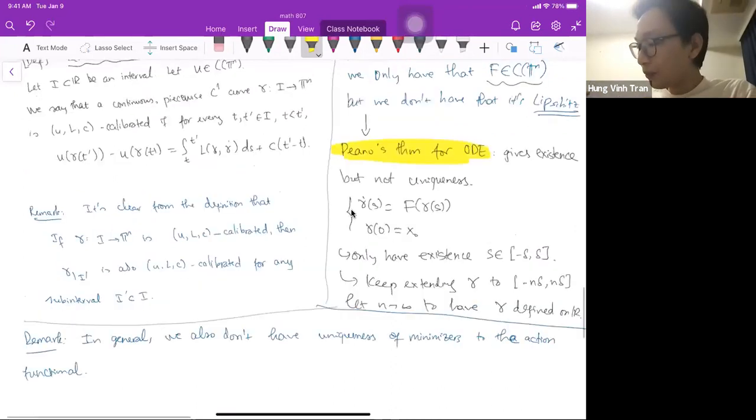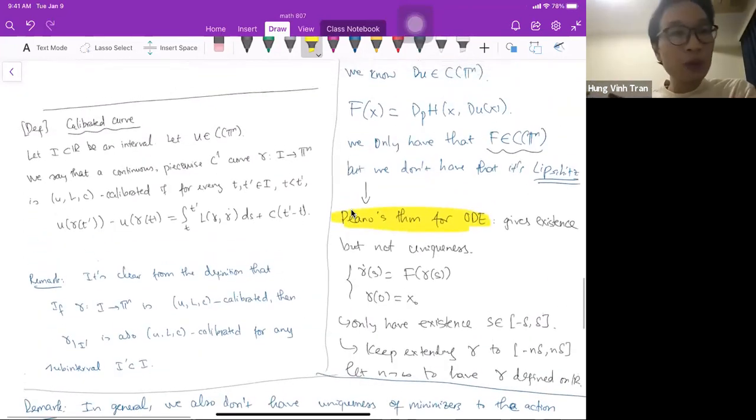In this case, if u were C2, then you would have right away that f is Lipschitz, and then you can see that your ODE has a unique solution. That corresponds exactly to the Hamiltonian framework, but here you don't have that.